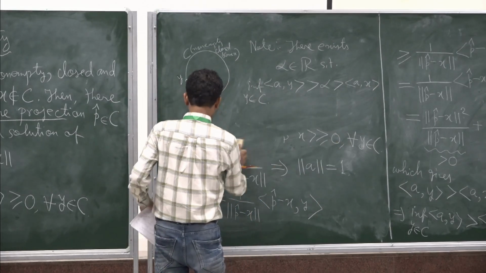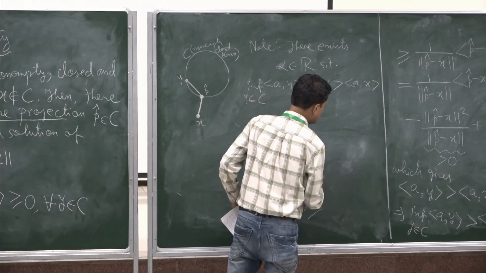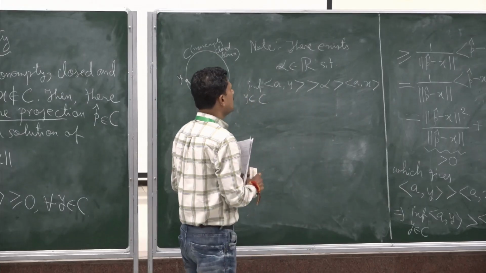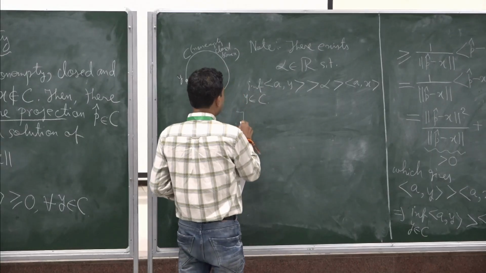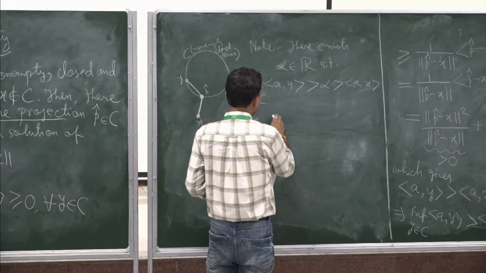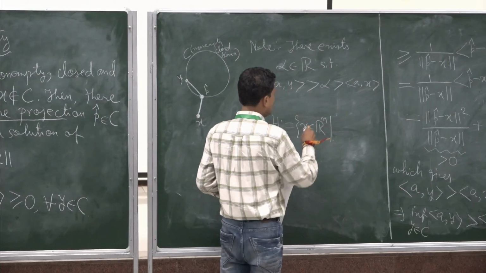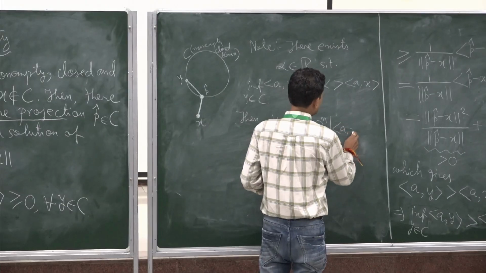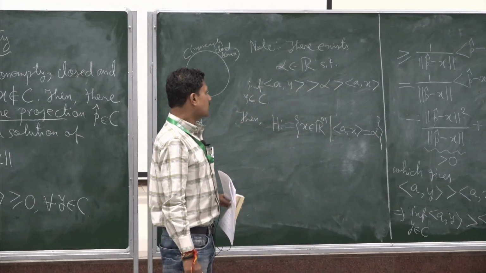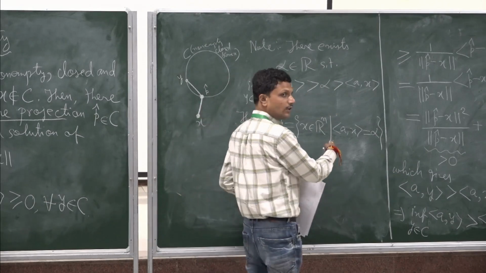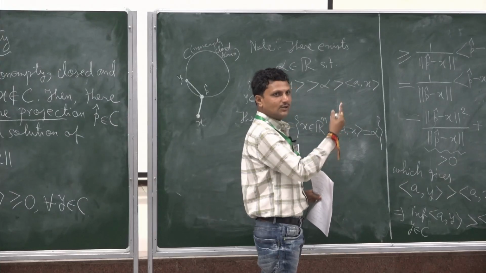So this alpha will induce the hyperplane that separates these two sets, right? So what will be the hyperplane? The hyperplane will be H, x in Rn such that A of x is equal to alpha, right? So now you can see this is the hyperplane, and what is A? A is the normal to that hyperplane.